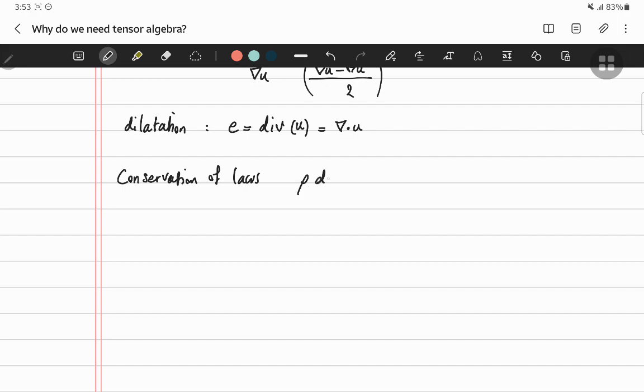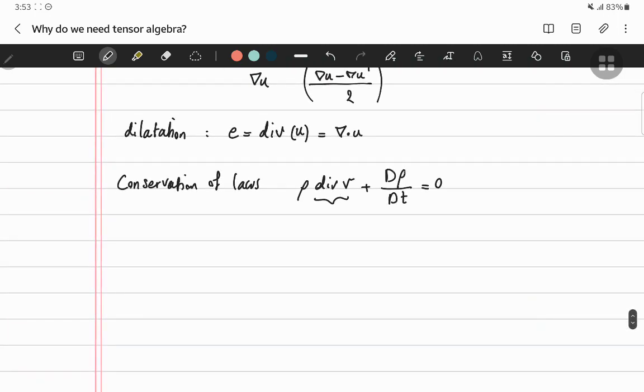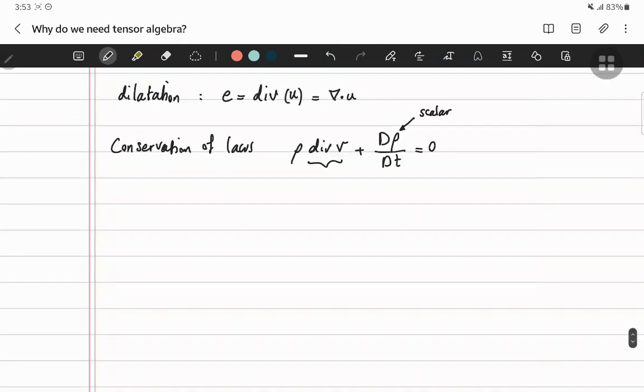So it is rho divergence of v plus d rho dt is equal to 0. So you need to be able to calculate this divergence of v, and also this rho here is a scalar value. So you have to know how to take the derivative of this scalar with respect to time.